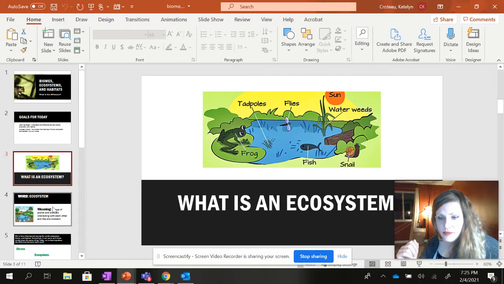Okay, so it can be a really small ecosystem, you know, like a pond, or maybe even a puddle, okay? The water is important there, the bugs that maybe are landing on the water or getting things from the water, any little critters that live inside of the water, right?